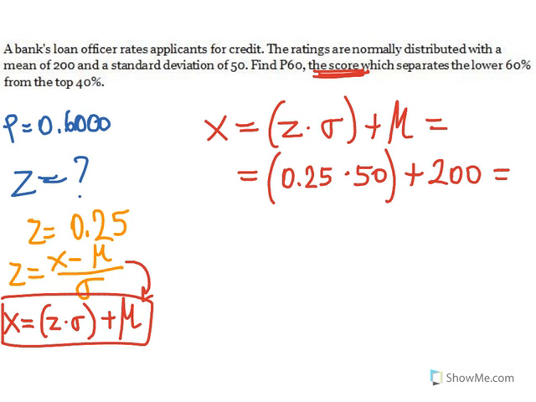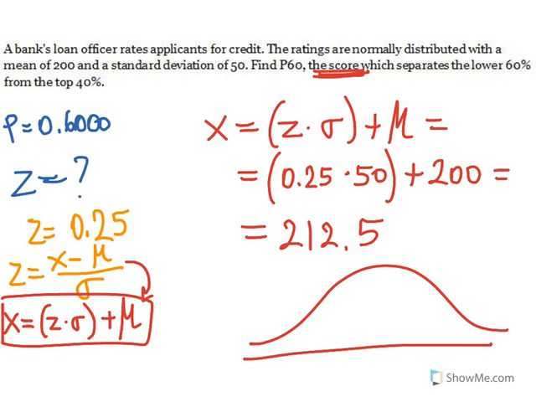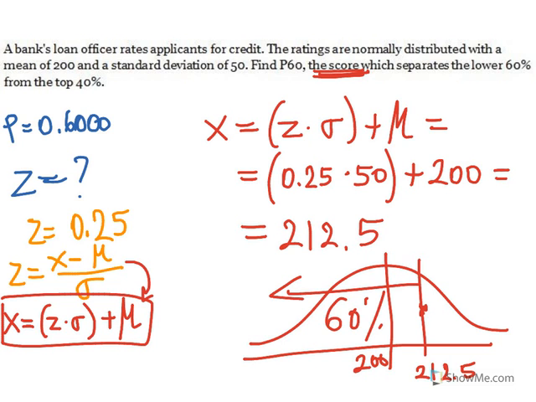And the x now will be 212.5. So the score which separates the lower 60 from the top 40 is, I'm sorry, 212.5. And we know that the mean is 200, so 212.5 is right here. So this separates lower 60% from top 40%. Okay, so this is the answer.